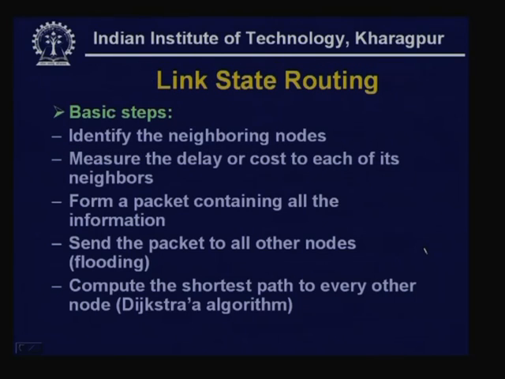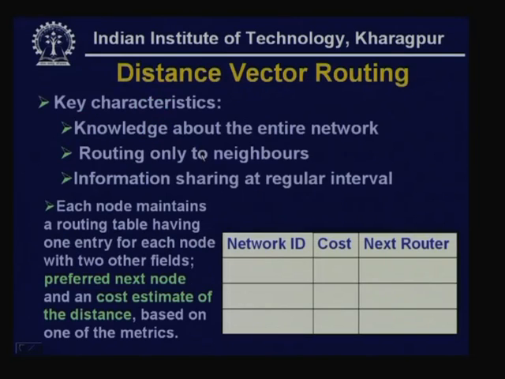Then comes link state routing. In link state routing, the basic steps are: identify the neighboring nodes, and measure the delay or cost to each of its neighbors. As you can see, in the previous case, knowledge about the entire network was gathered in distance vector routing, so distance and cost vectors are maintained.